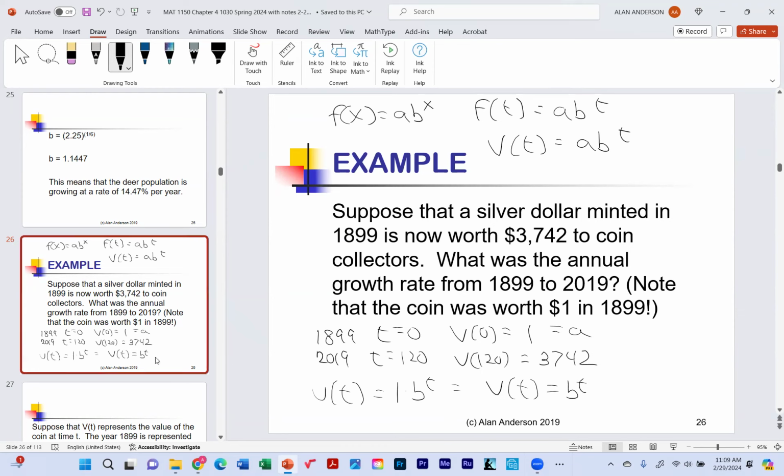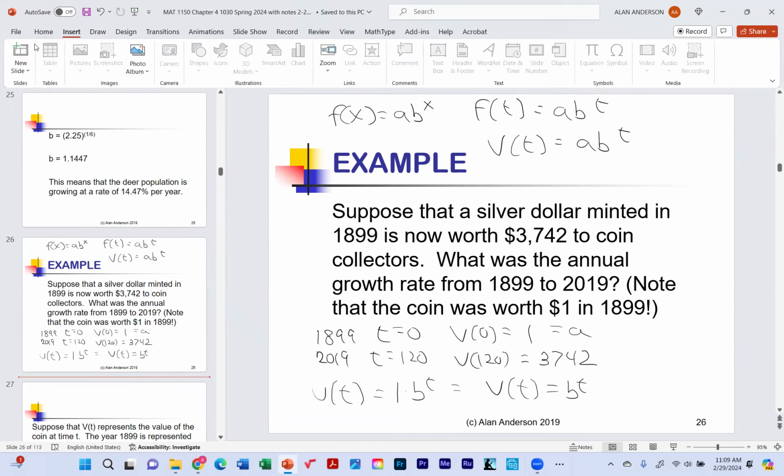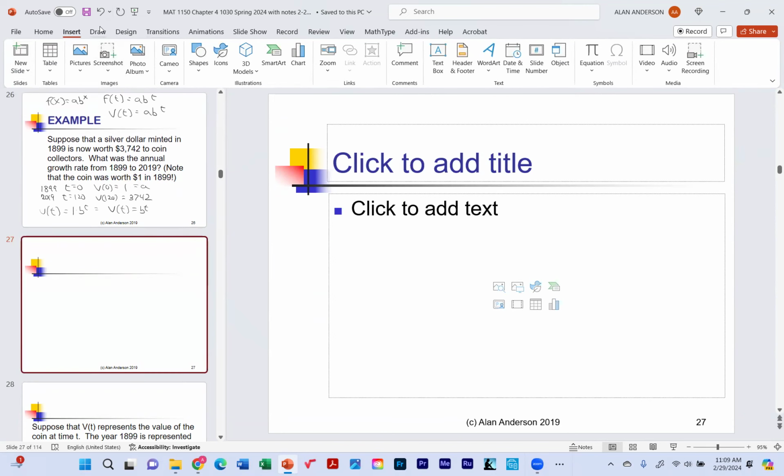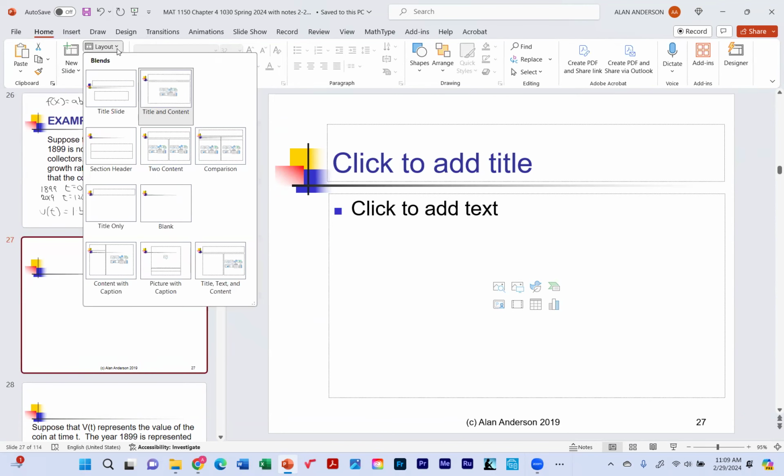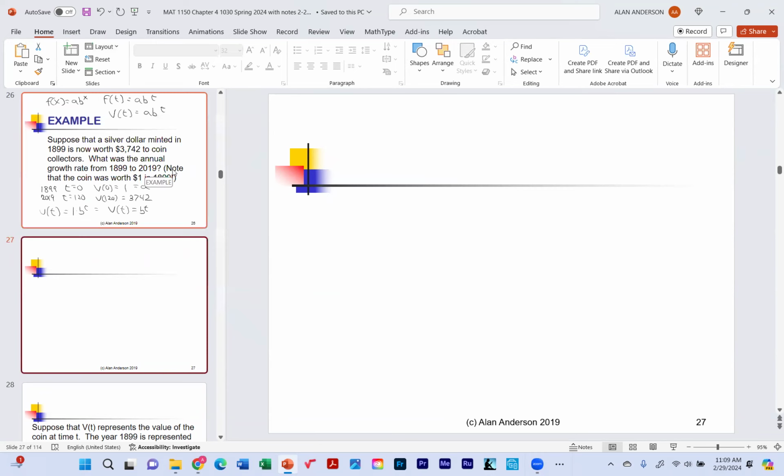We also know that V of 120 is, remember, we were told that in 2019, the coin is worth 37.42.